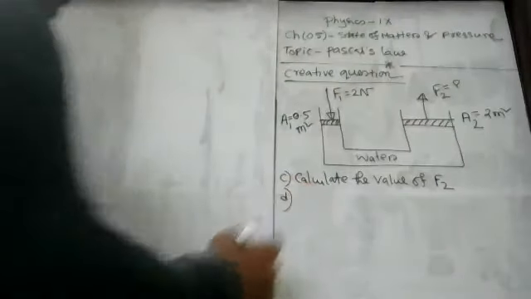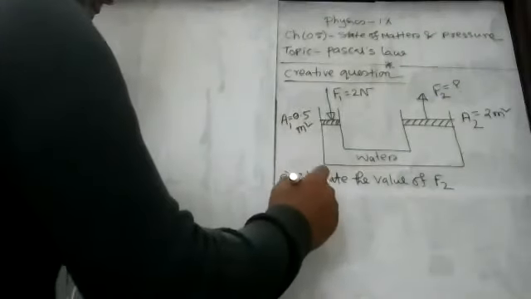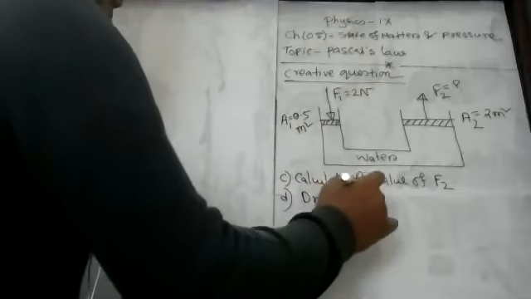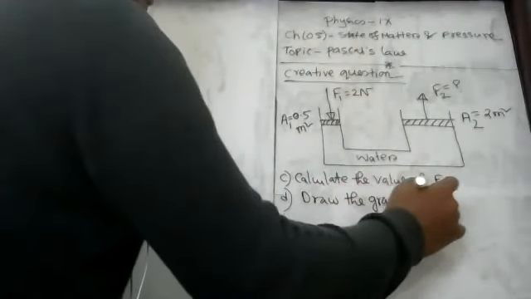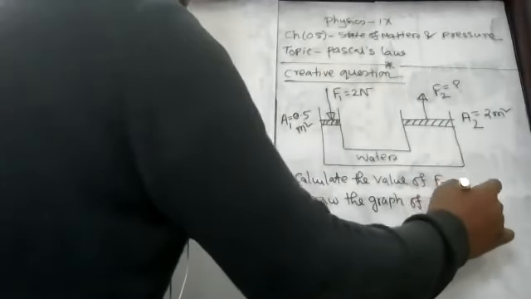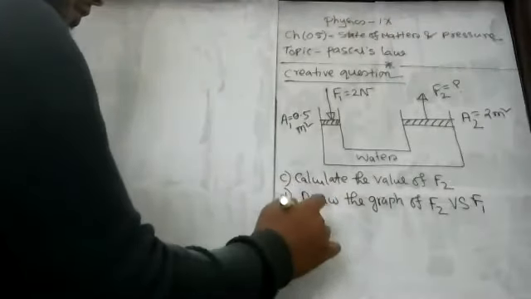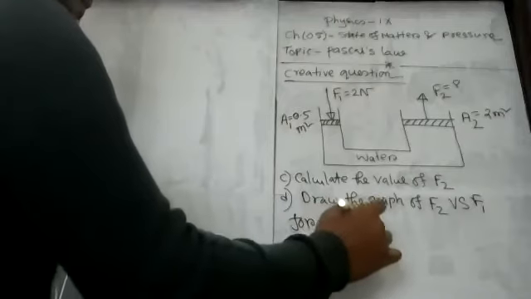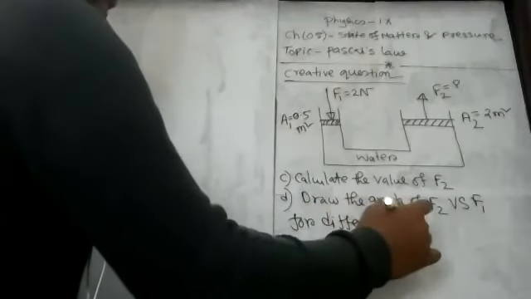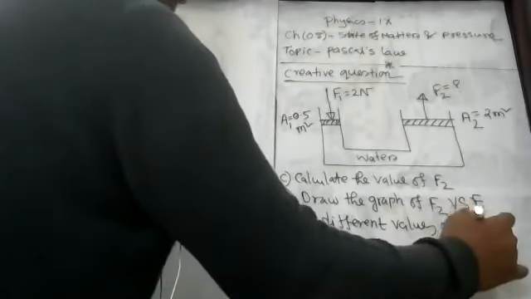And then question number D: draw the graph of F2 versus F1 for different values of F1.